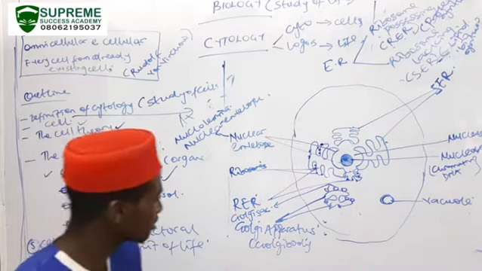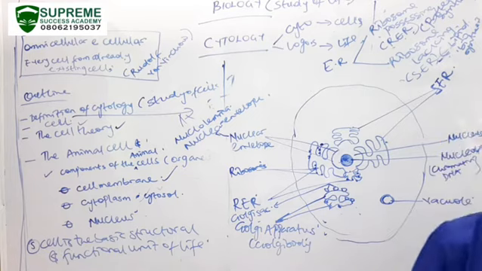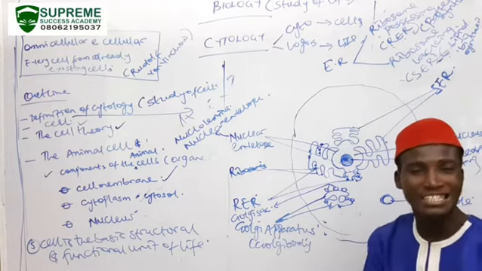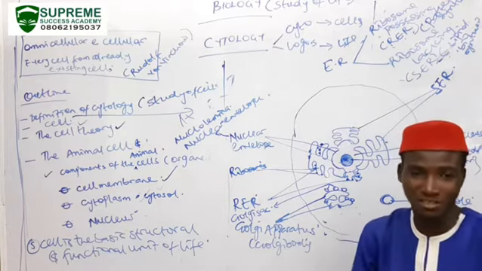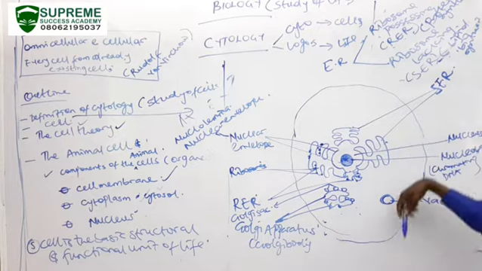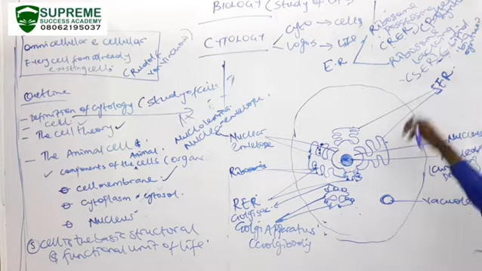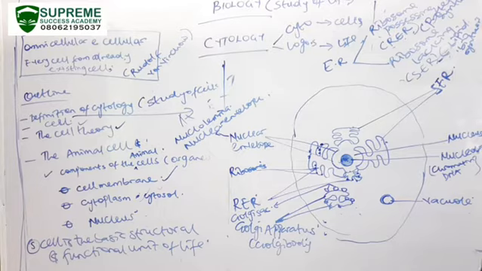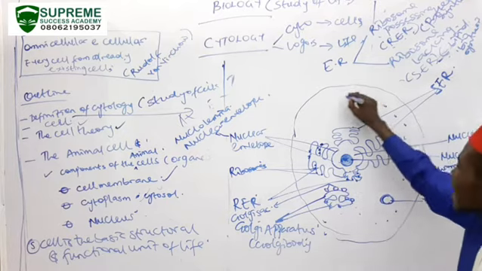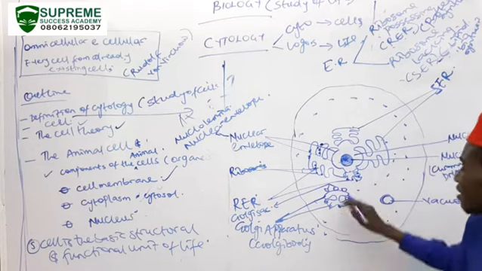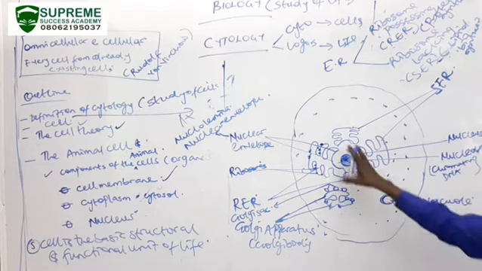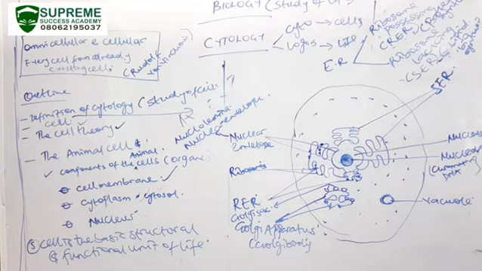Their function is primarily to package, store, and distribute materials within the cell. So any protein that has been manufactured by the endoplasmic reticulum is packaged, transported, and distributed by the Golgi apparatus. As you see in most cellular structures, the Golgi vesicles are very close to the endoplasmic reticulum.